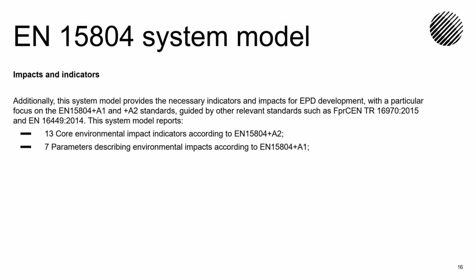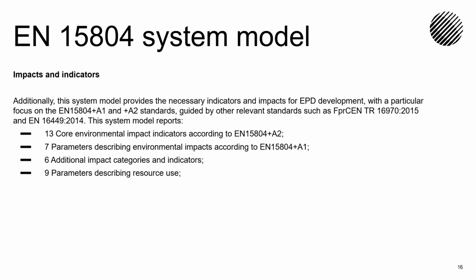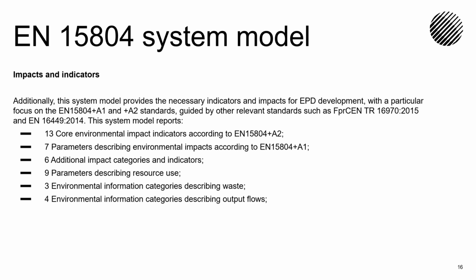This is particularly important the moment we want to create an EPD that can be comparable also with old EPDs. Also, we have 6 additional impact categories and indicators, 9 parameters describing the resource use, 3 environmental information items describing the waste, 4 environmental information categories describing the output flows, and finally, 2 information categories describing the biogenic carbon content at the factory gate.